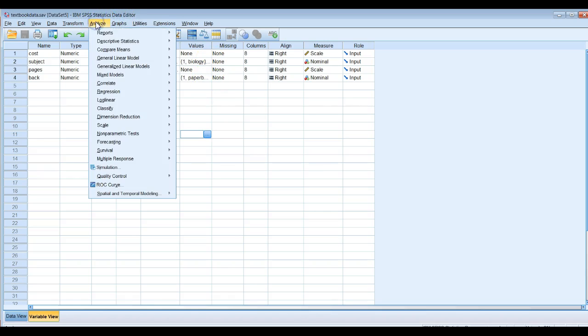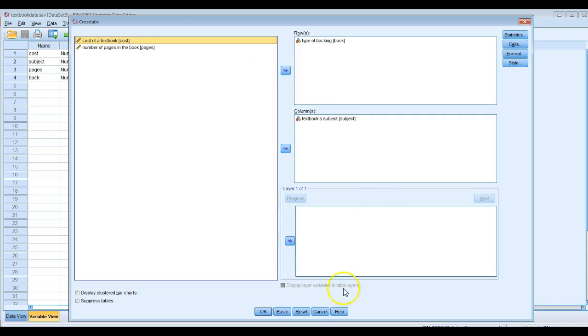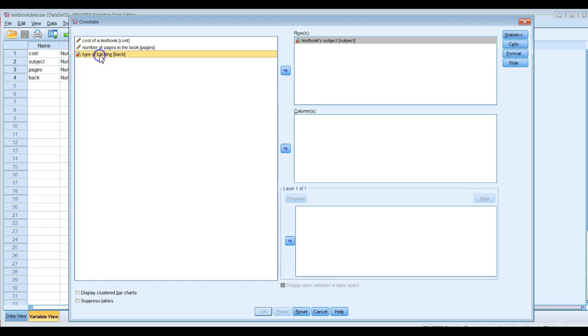So to do that, we'll go to Analyze, Descriptive Statistics, just like we did before when we did crosstabs. So it's under crosstabs. And we'll take one of the variables, move it to row. We'll take one variable and move it to column. And it doesn't matter which one's which. You get the same value either way.